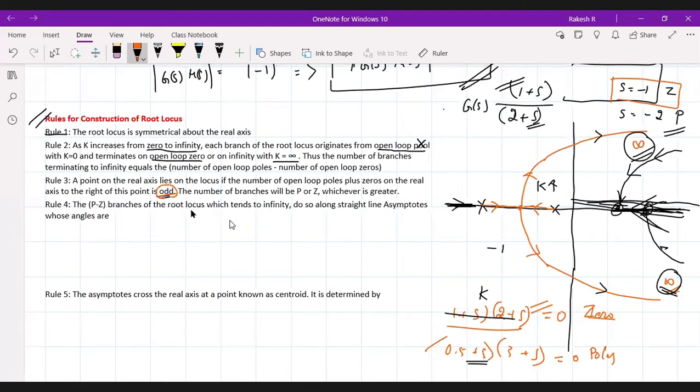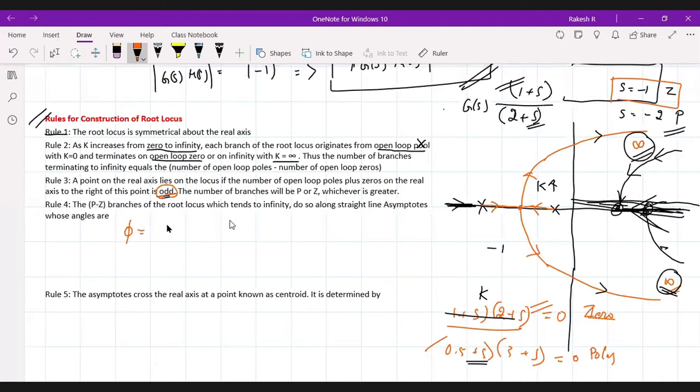Next, in rule number 4, what it states is: the P minus Z branches of the locus which tend to infinity do so along straight line asymptotes whose angles are given by, you need to find out the asymptote angles here. That is phi.